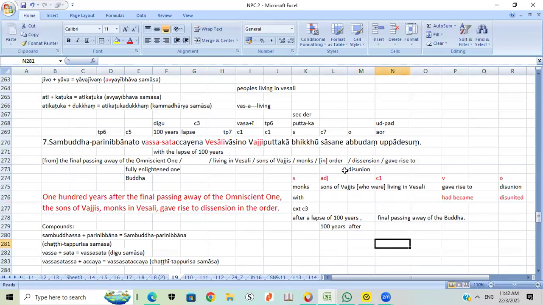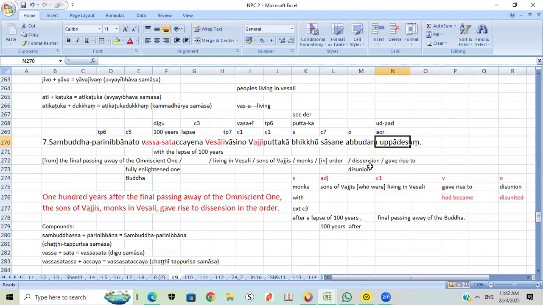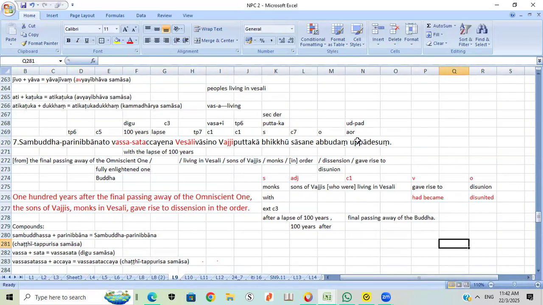Now, this part. Here it says give rise. The word here is abudam. Abudam means disunion, dissension. So the proper word I'm going to use here, because disunion, I think is disunited.